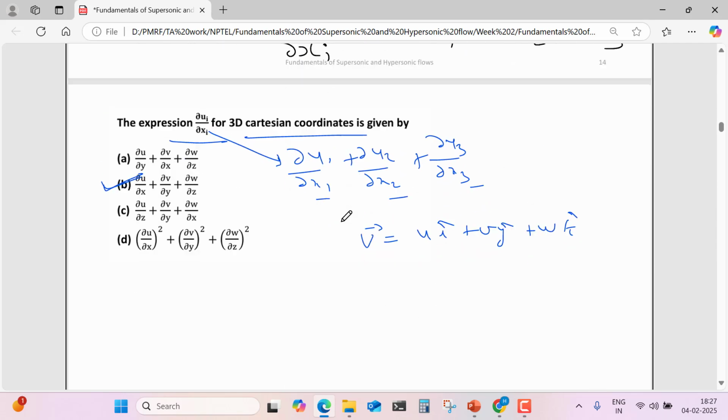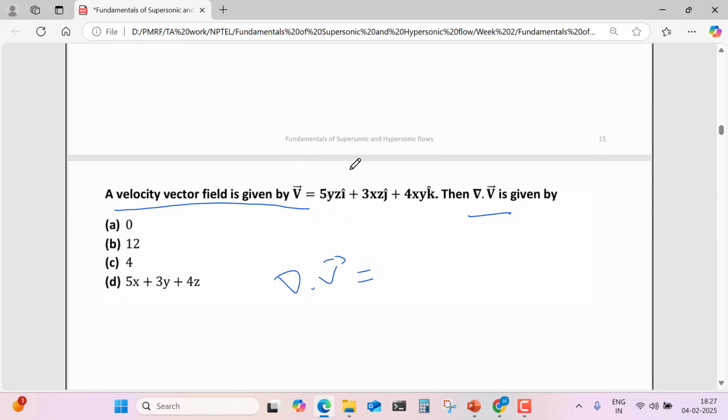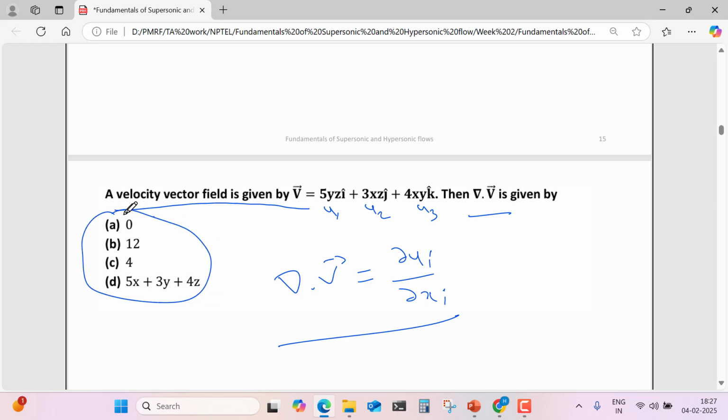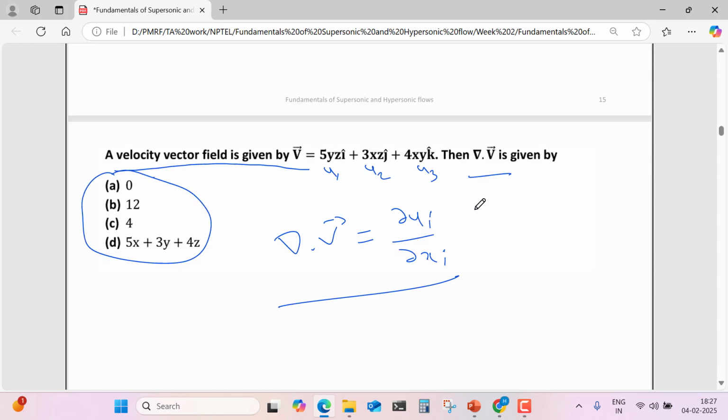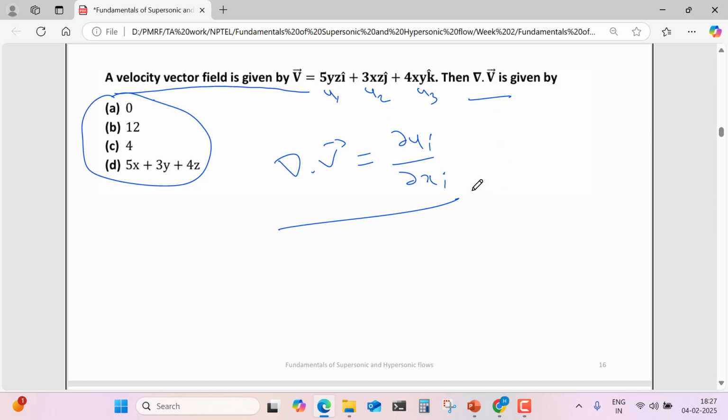We have already talked about it. It is very simple. This is u1, this is u2, this is u3. So we can directly use ∂u_i/∂x_i. If we use this, then we can find the answer. This is a very simple problem. I think a similar type of problem is also in the assignment, so you can solve it.